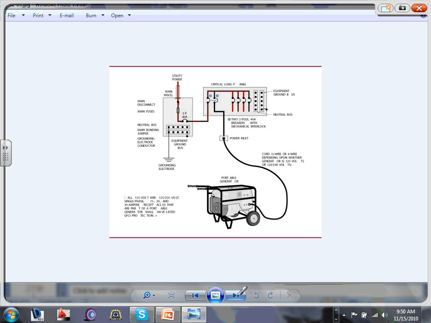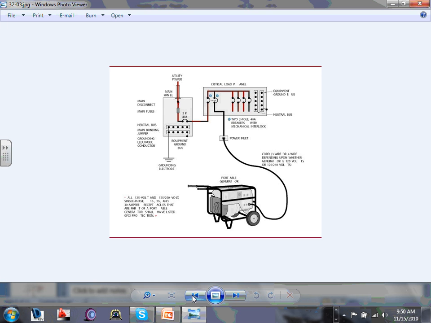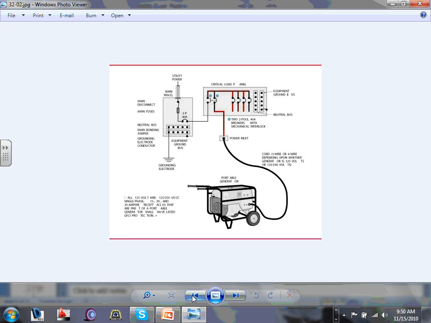Now when I lose power, look what happens. When you lose power, you're going to go switch. The first thing you're going to do is isolate. Well, you don't even need to isolate that one. Just flip this circuit breaker to the generator and start your generator. Two things you need to do: number one, you start your generator, and number two, you go to the circuit breaker and turn it on to the generator and off from the utility.